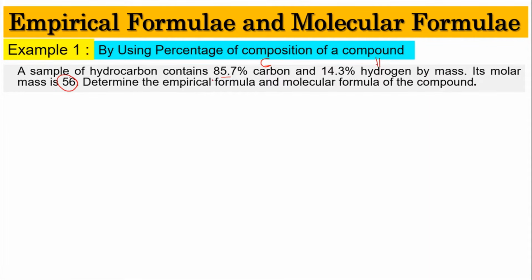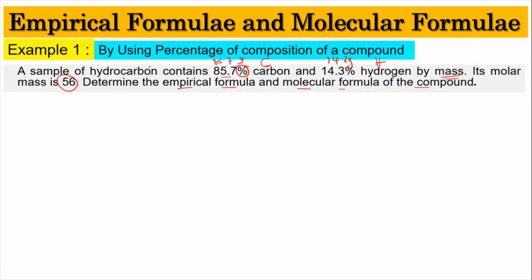We need to determine the empirical formula and the molecular formula of the compound. By using the percentage here, we're going to assume the percentage to be mass, because it's stated here. So we can assume that 85.7% is 85.7 gram for carbon and 14.3 gram for hydrogen.